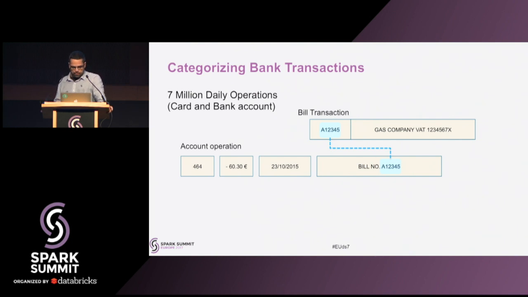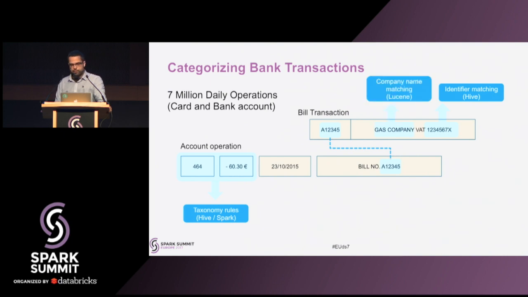And thinking like this, we started first noticing that some operation codes already reveal the category. For example, there are some operation codes which refer to specific providers. Then if the operation code is not enough, you may find an identifier in one of the fields which you can cross then with a category.